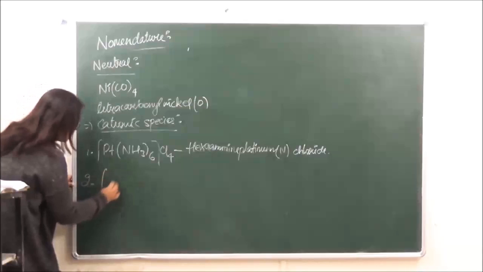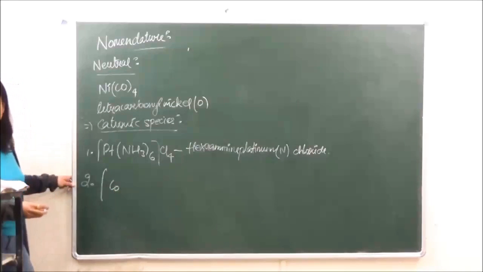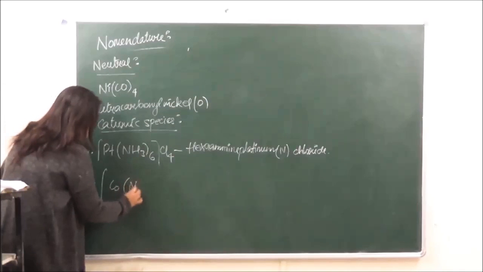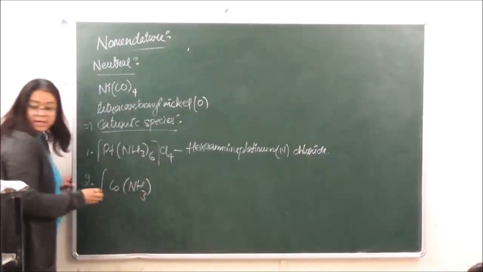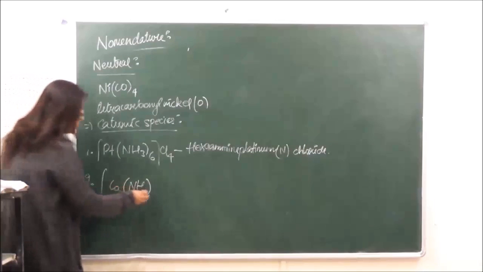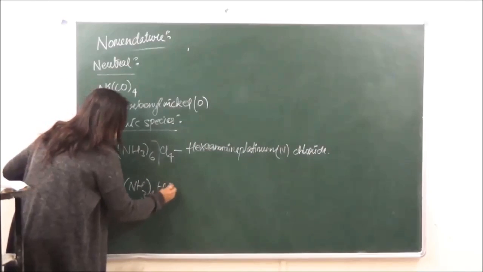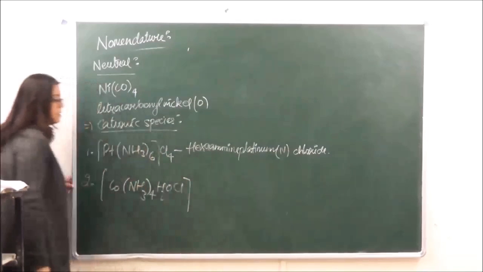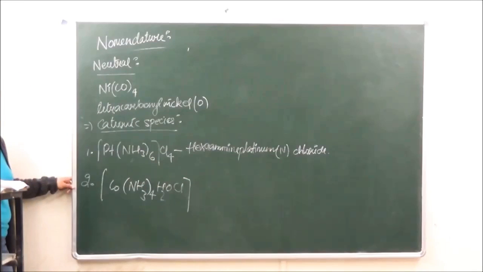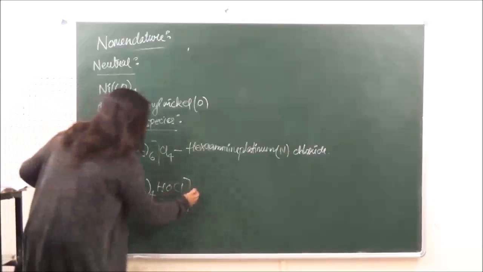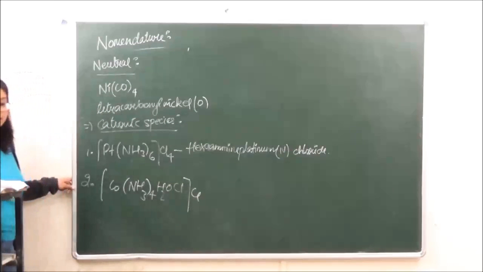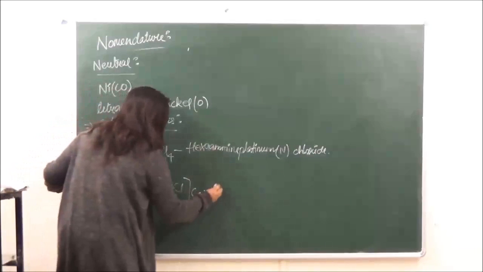Okay? Second, let's take an example. We have cobalt NH3 whole 4 H2O Cl, and we have the counter ion also as Cl. So how are we going to name this now? Let's name the ligands first.